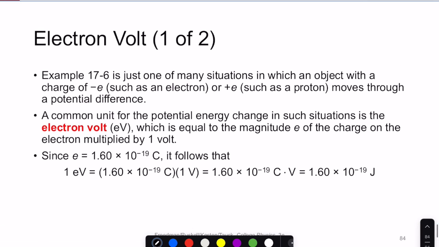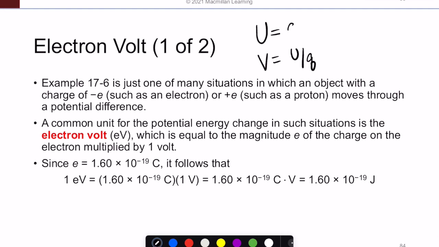I want to give you another form, another unit, for potential energy change. Okay, so we're switching gears. We're talking about energy again, right? We're talking about U. Remember that V is equal to U over Q, and in a previous problem, I rearranged that as U being equal to QV, right?